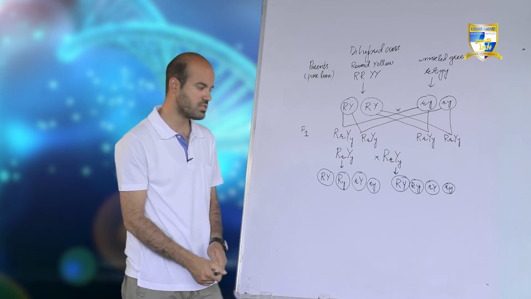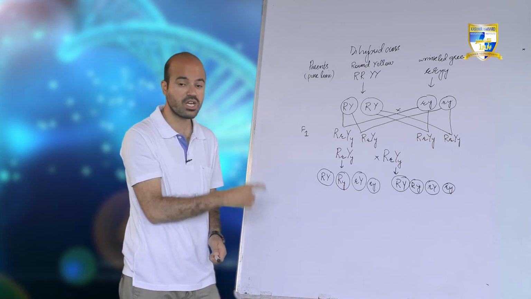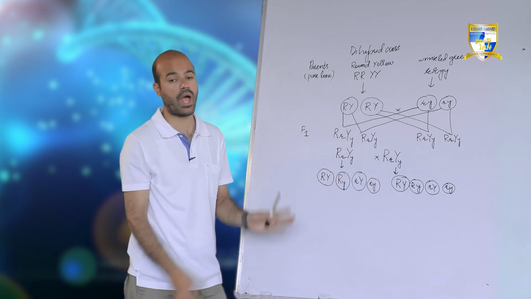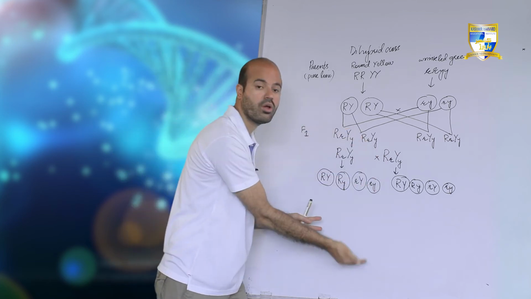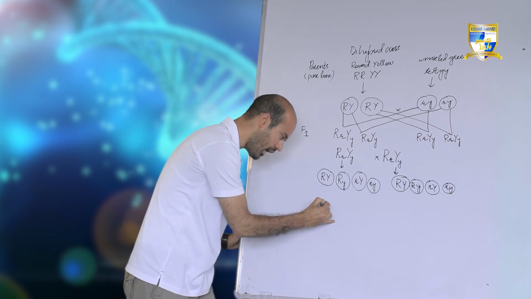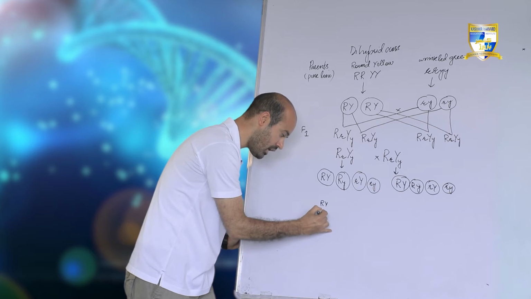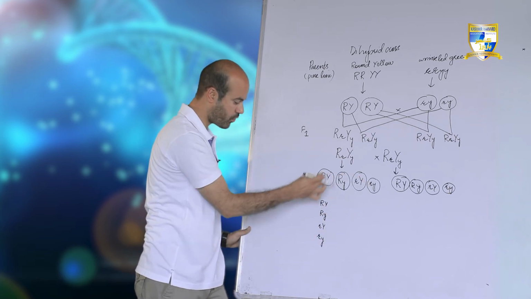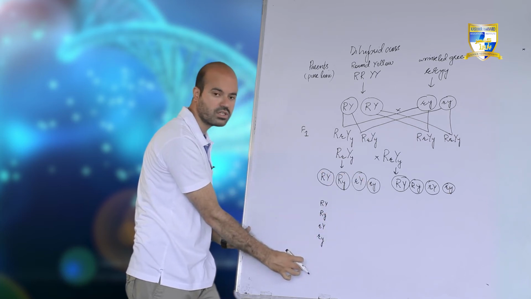For that purpose, observe the table which Mendel went through at the time, or which I am going to perform here. I will take these gametes here, RY, then RY, again RY and RY. These 4 types of gametes, I align them vertically.